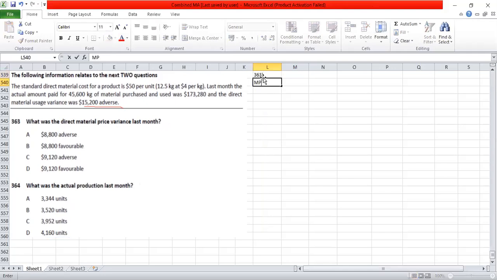Material price variance is equal to... Do we have these three variables? Actual quantity, the standard rate, and the actual rate.